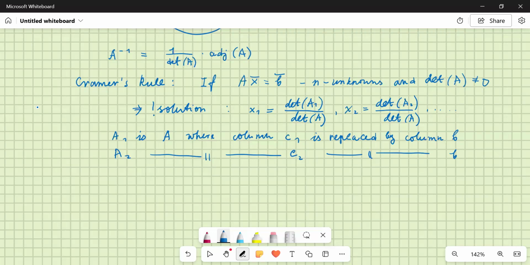Maybe I should give one visual example of how it works, okay?